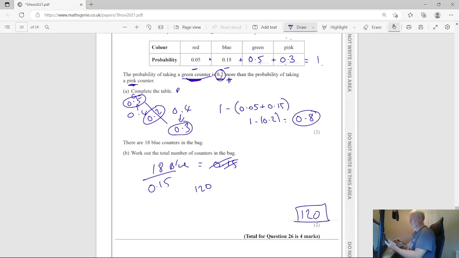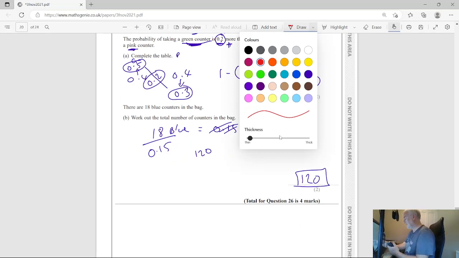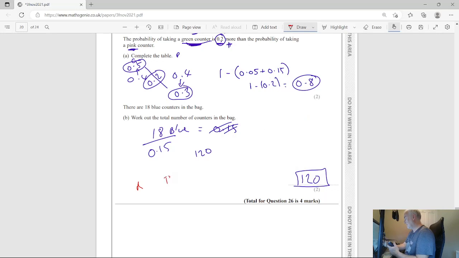Let's see if we can work that one out a different way. If that doesn't make sense, we're just going to do that down here. So we've got red, blue, green, pink. Remember it was 0.05, 0.15, 0.5 and 0.3.